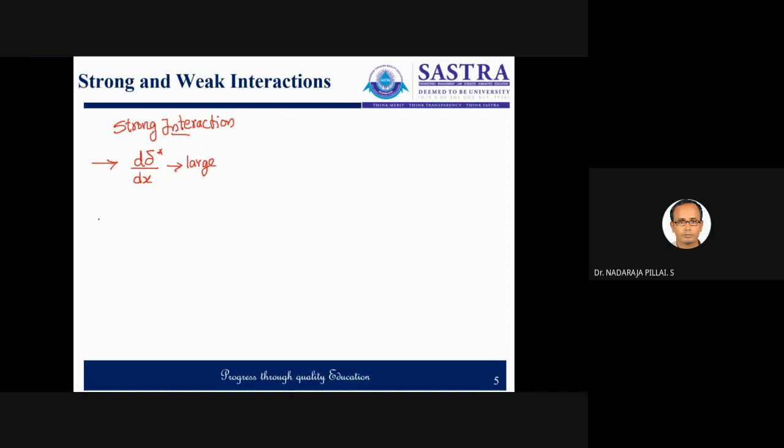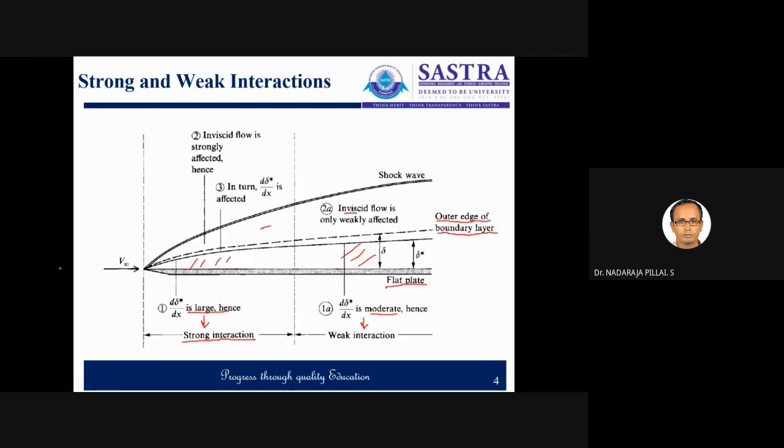Second point: here the incoming free stream sees an effective body with rapidly growing thickness. You see here you have a flat plate and the boundary layer, and you can see there is a rapidly growing thickness. The inviscid streamlines over here are deflected upward into the incoming flow.